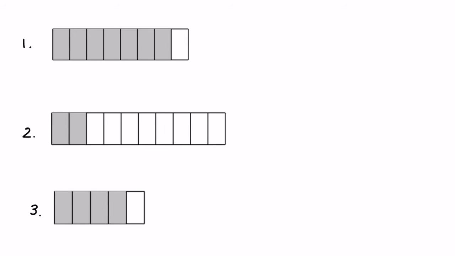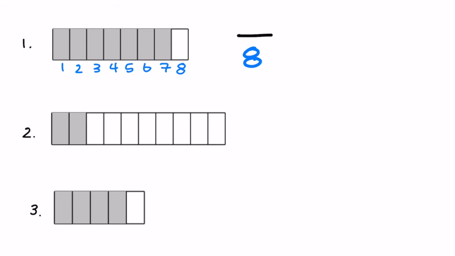Let's go over our answers. For the first one, we have a total of 1, 2, 3, 4, 5, 6, 7, 8 rectangles. So that means that our denominator is 8. All right, let's count the numerator.